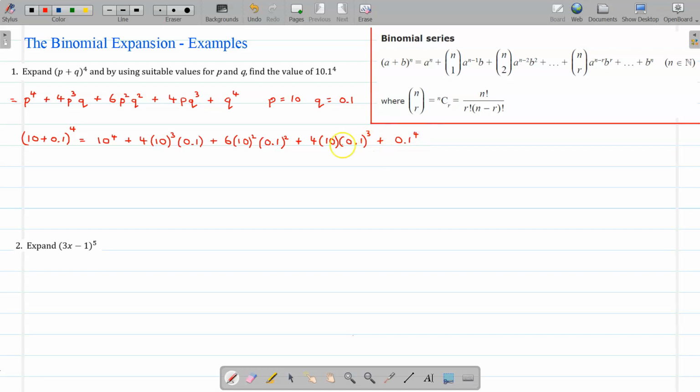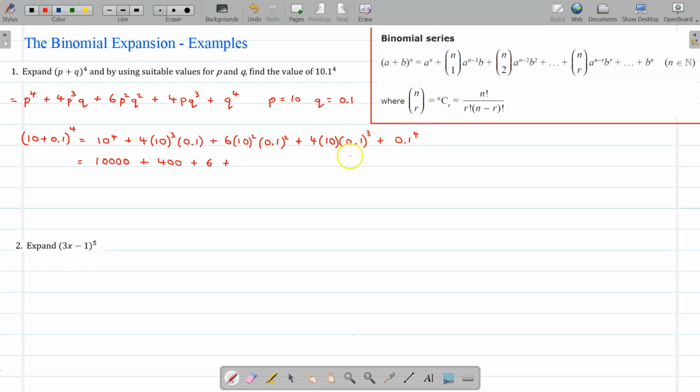Now if we work through that step by step, it shouldn't be too difficult. We've got here, of course, 10,000. Here we have 4,000 times 0.1, which is 400. In the next term, we have 600 times 0.1 squared, which is actually going to be 6. In the next term, we have 40 times 0.1 cubed.